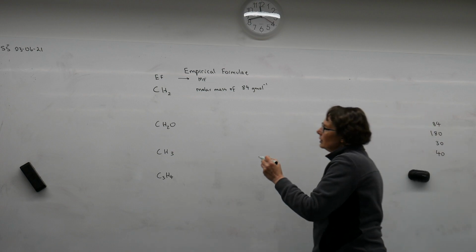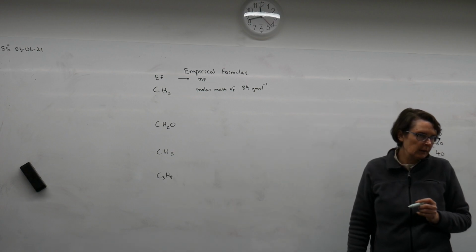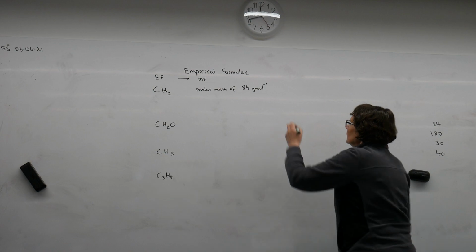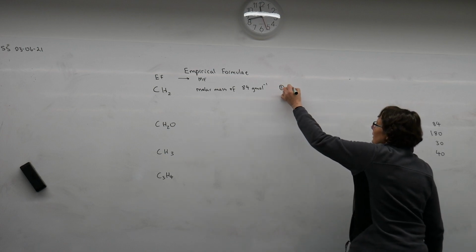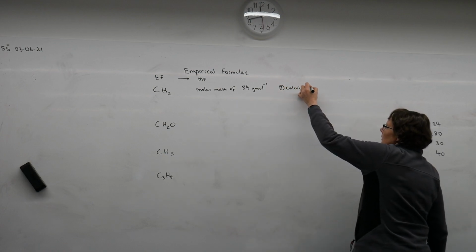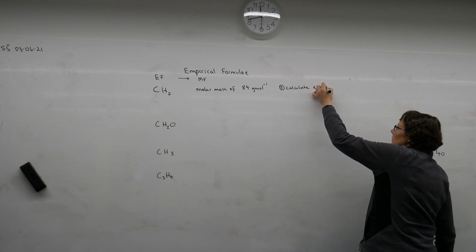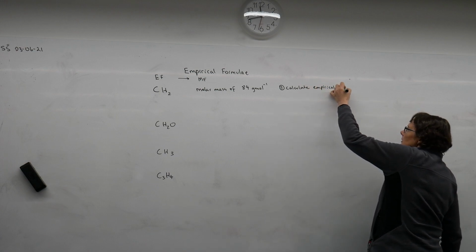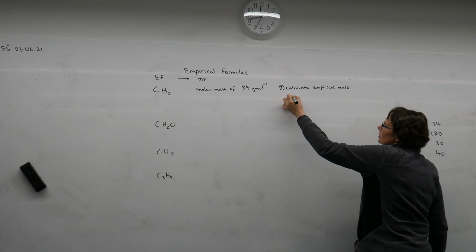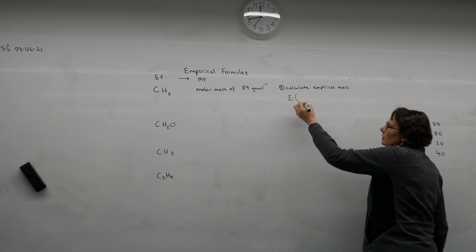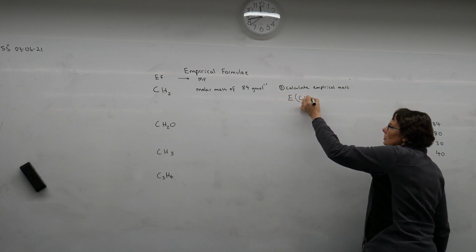Well, the first thing that we need to do is to work out the empirical mass. So calculate empirical mass. You could have an E, for example, and a bracket CH2.